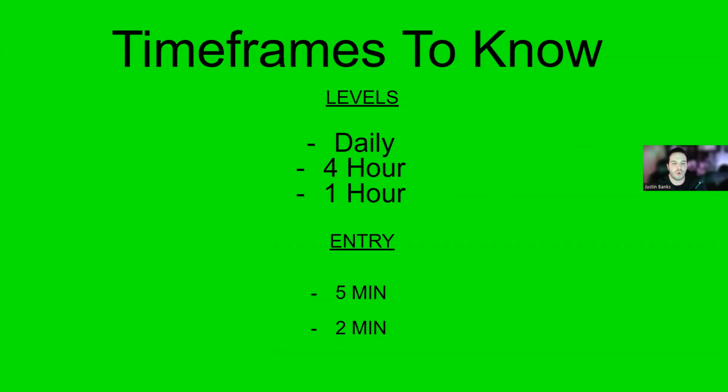So the big levels we always should be looking at pretty much on a daily basis is starting with the daily time frame. Now, I am going to give you guys an actual chart here in just a second, so just bear with me. But the levels we want to find is on the daily, the 4-hour, and the 1-hour. If you guys are in my group or have watched my videos, you know I really love the 1-hour to find levels.